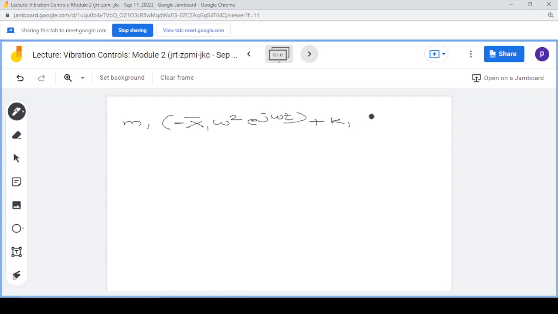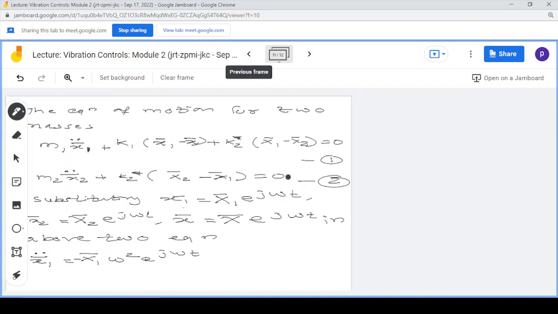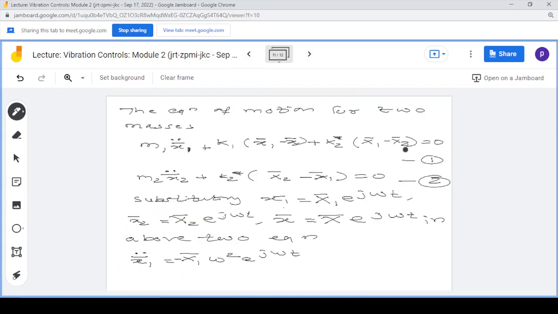Plus k1 into x1, which is x1 bar e raised to j omega t, plus k1 x bar e raised to j omega t, plus k2 star into bracket x1, again this is x1 bar e raised to j omega t, then minus x2 bar.